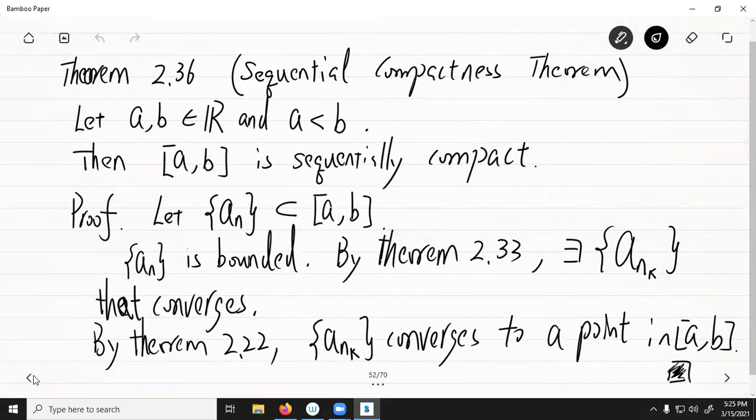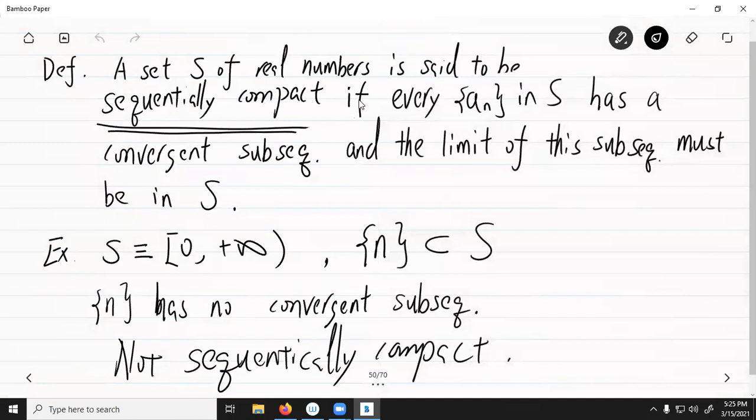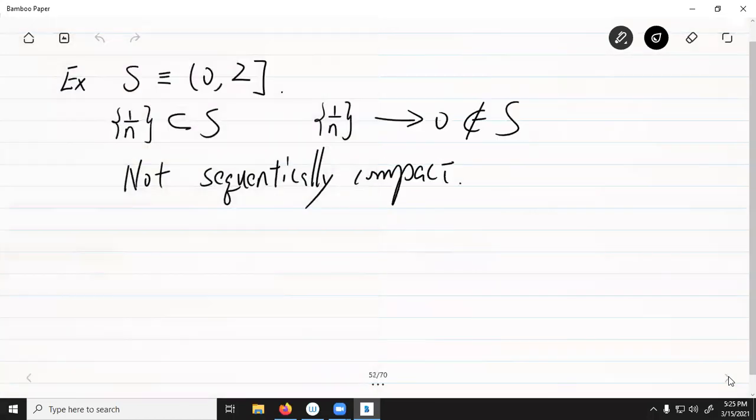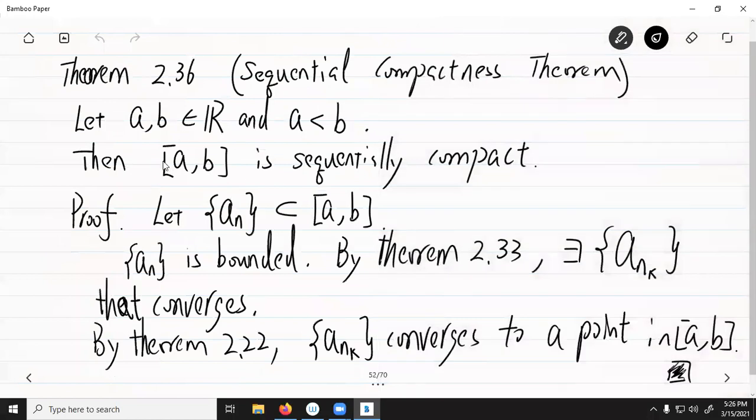What does this mean? For every sequence in a sequentially compact set S, the sequence must have a convergent subsequence, and the limit of this subsequence must be inside S. This theorem tells you that the closed interval is sequentially compact.